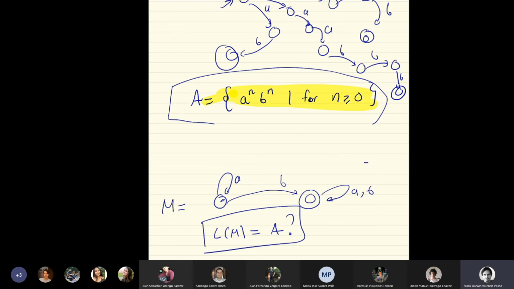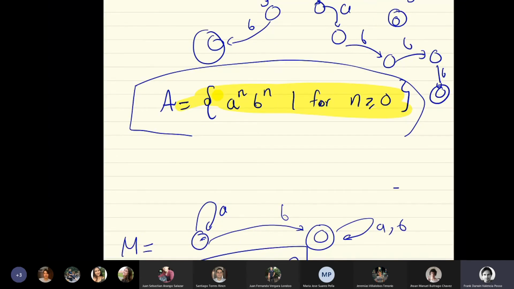Forget about automata theory. This is just mathematics. You are defining a set of all the strings of the form A to the n, B to the n. But A and B are, of course, from the alphabet. Maybe that's what has you confused here.